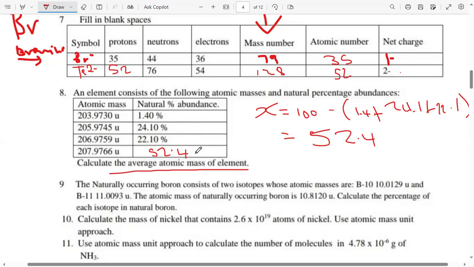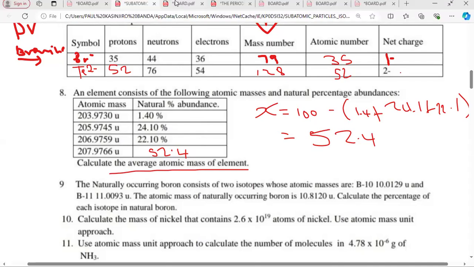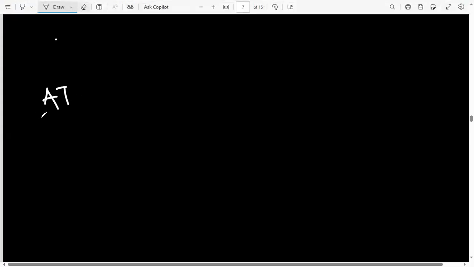So let's go to the cupboard here and then solve this. So if we come here and say average atomic mass of those isotopes, this is how we are going to find it.